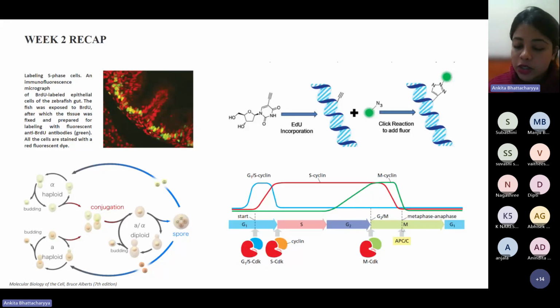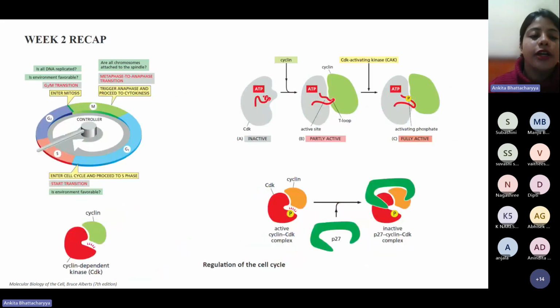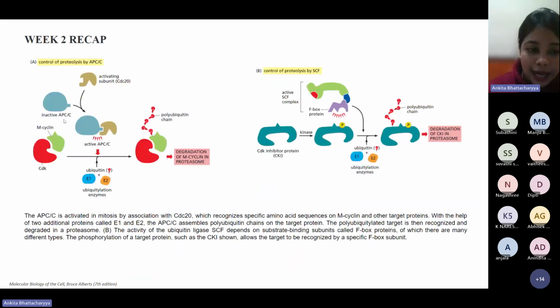During the initial stages of the M phase or the mitotic phase, M-cyclin expression is persistent. But at metaphase, after all that alignment of chromosomes has been carried out, the cell has recognized that it is at the metaphase state, and now the M-cyclin expression needs to go down. So for that, what it effectively ends up doing is that it activates this APCC CDC20 complex.